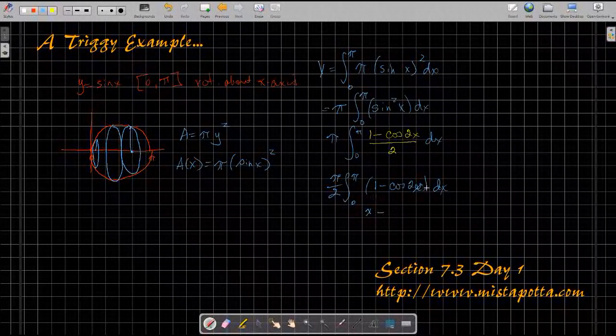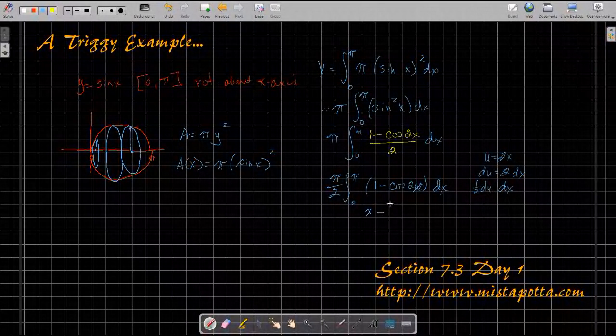The antiderivative of this will, if I let u be 2x, then du ends up being 2 dx. And I don't have 2 dx. All I have is dx. So this ends up being 1/2 du.